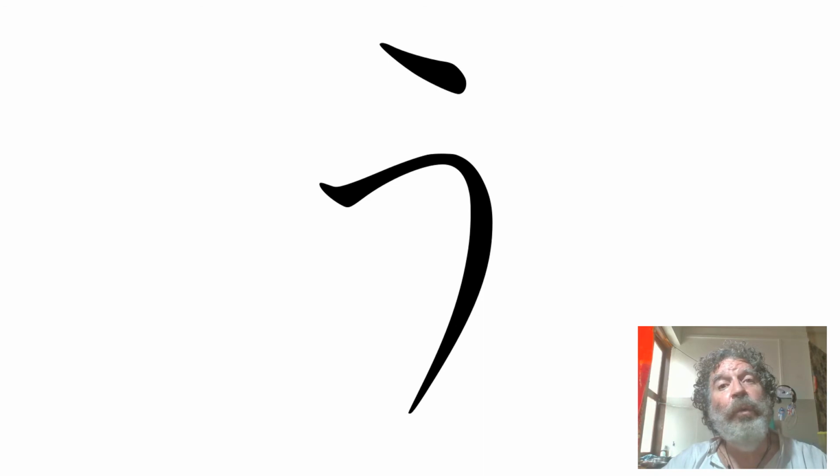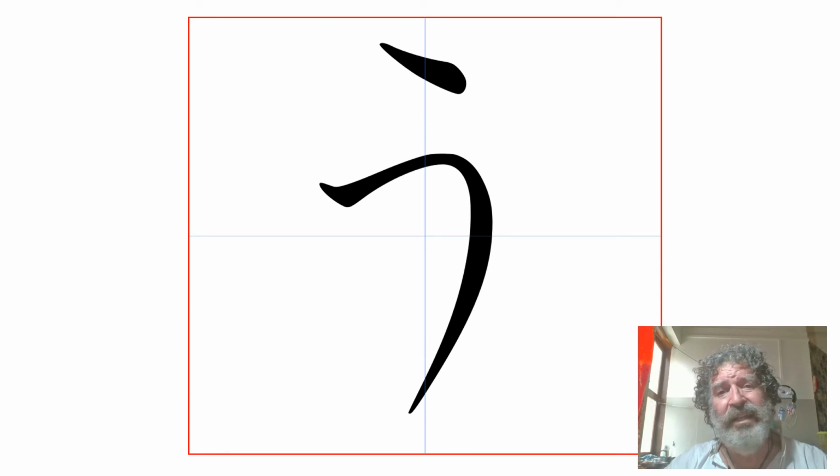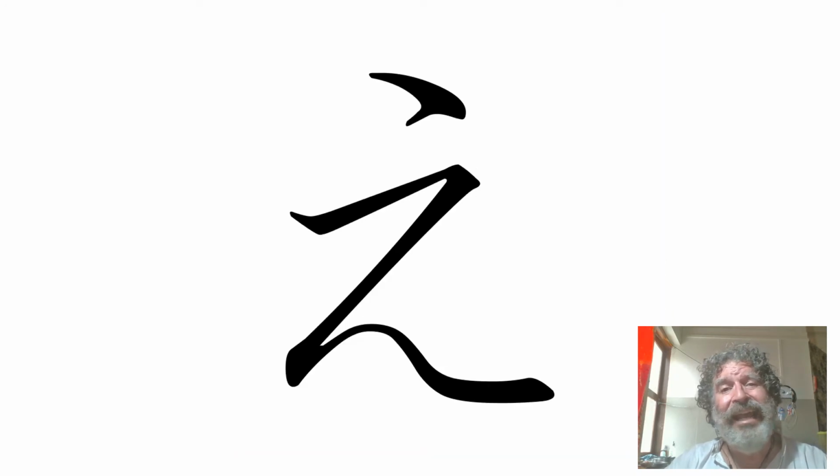But for now, we can count the strokes. There's ichi, ni. 1, 2 strokes for u. And the u, if you're not careful, might look like a ra. But anyway, so the u and e. Look at the dot on the a. They've maybe somehow brought the brush out.